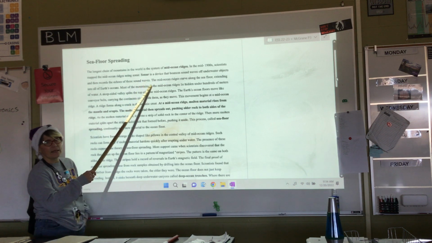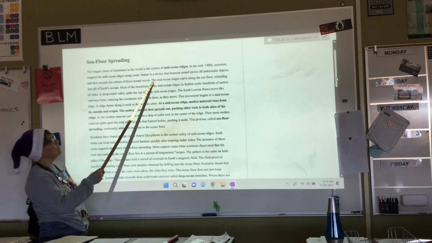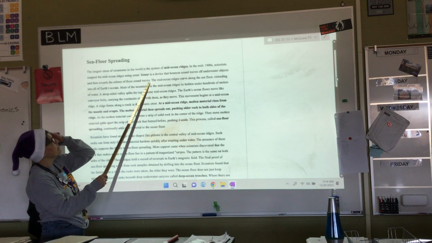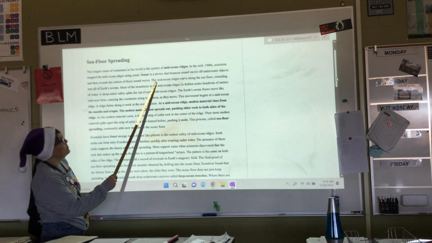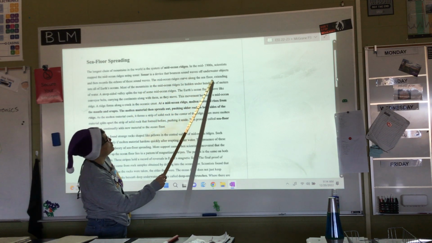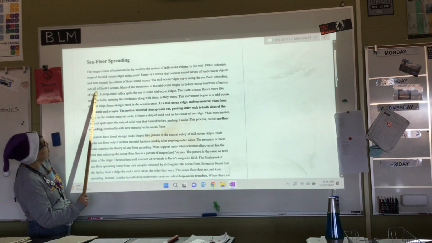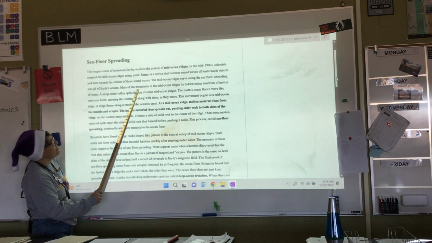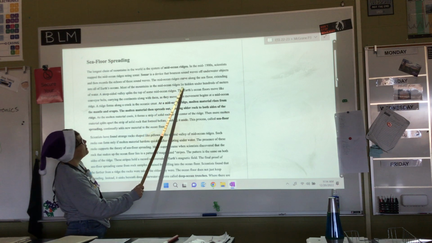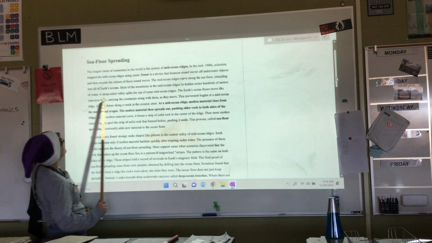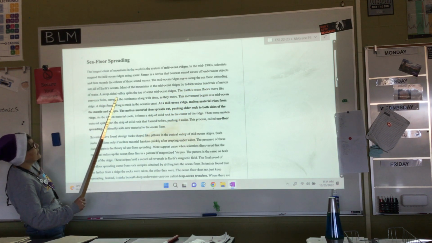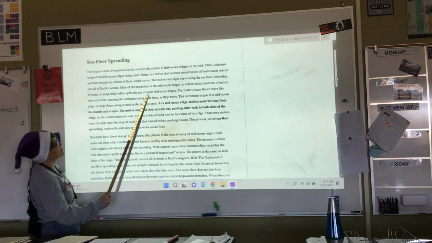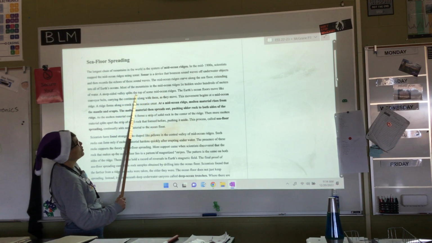You use that data to chart the ocean floor when you made your own chart of the bottom of the mid-ocean ridge. The mid-ocean ridges curve along the ocean floor, extending into all of Earth's oceans. Most of the mountains in the mid-ocean ridges lie hidden under hundreds of meters of water. A steep-sided valley splits the top of some mid-ocean ridges. This is what Marie Tharp found.